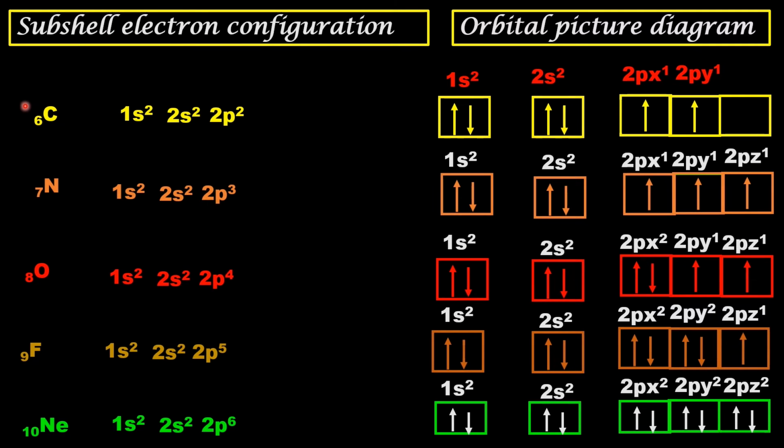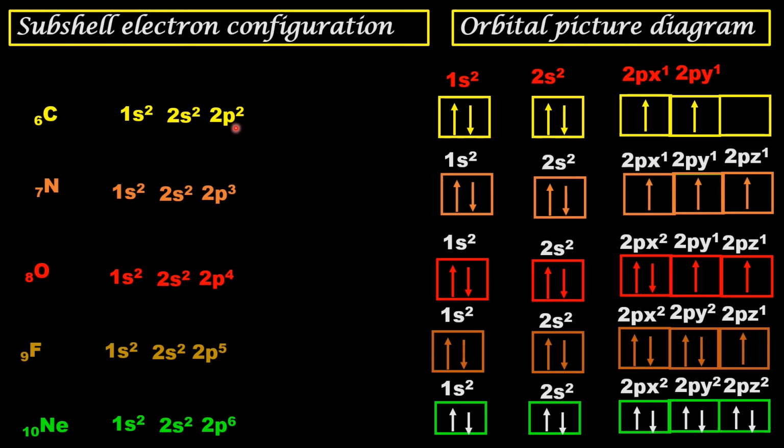Next element is carbon. It has 6 electrons. The subshell electron configuration is 1s2, 2s2, 2p2. As per Pauli exclusion principle, there can be a maximum of 2 electrons in an orbital. Yes, s subshell has only 1 orbital each, but p subshell has 3 orbitals.